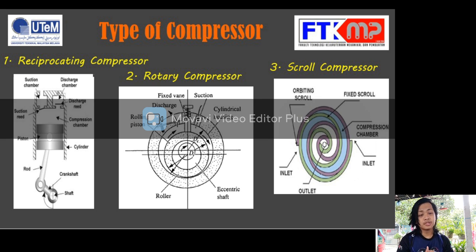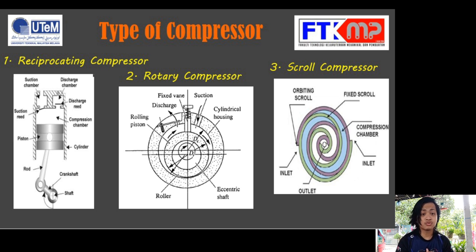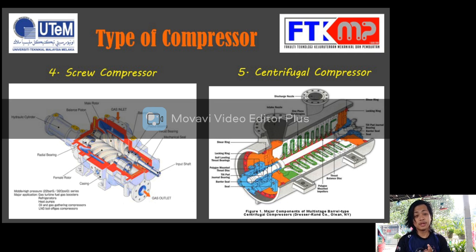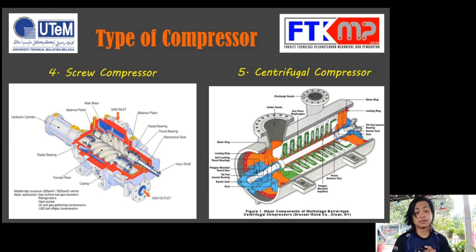Second, incremental capacity control on a system with several scroll compressors has proven to be a problem as well. As for the screw compressor, the advantages are highly specific output, and second, less moving parts. Disadvantages of the screw compressor are, first, debris is produced. Second, bearing problems. So last but not least, the centrifugal compressor.